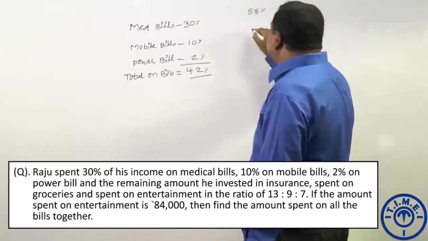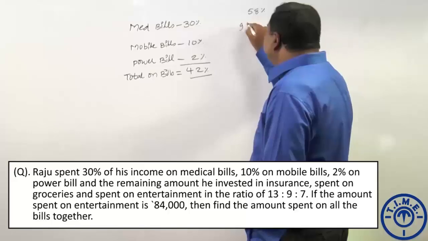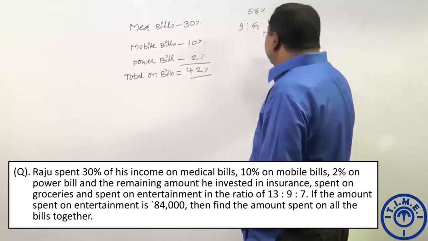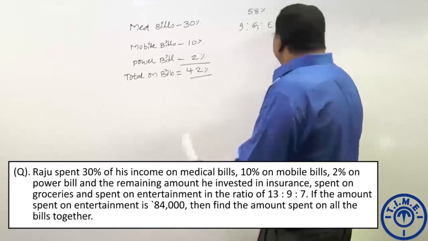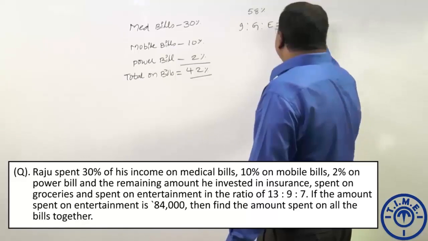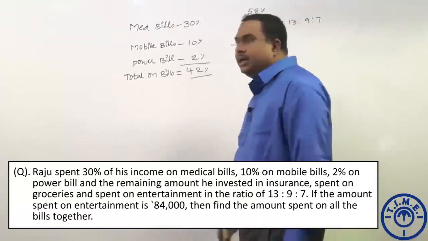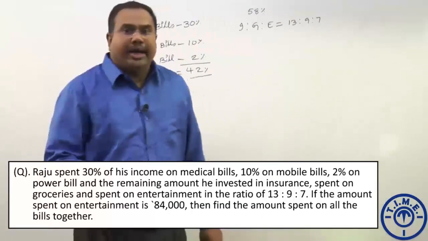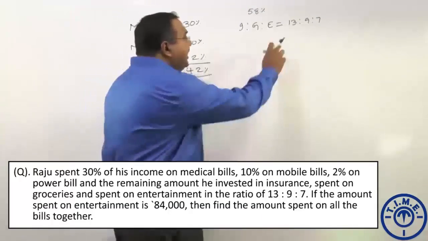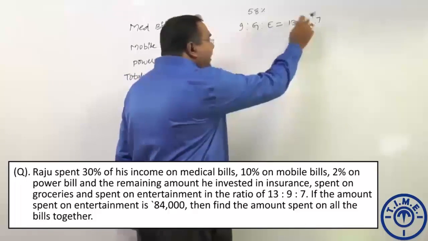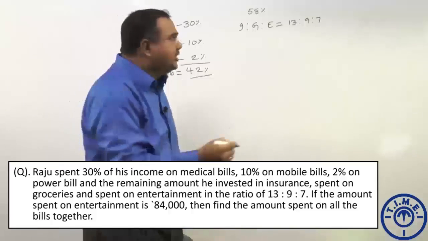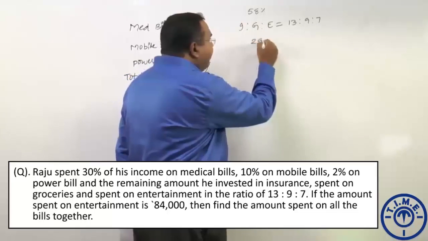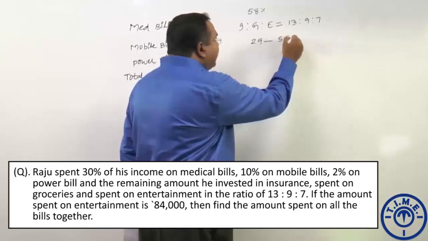This 58% he is spending on insurance, groceries and entertainment in the ratio of 13:9:7. Now, look at here friends, 13 plus 9 is 22, 22 plus 7 is 29, that is the total number of parts, 29 is equal to 58%.